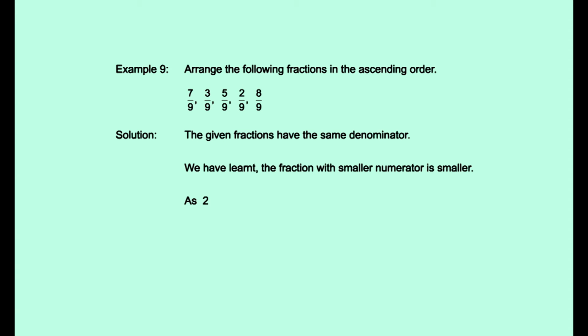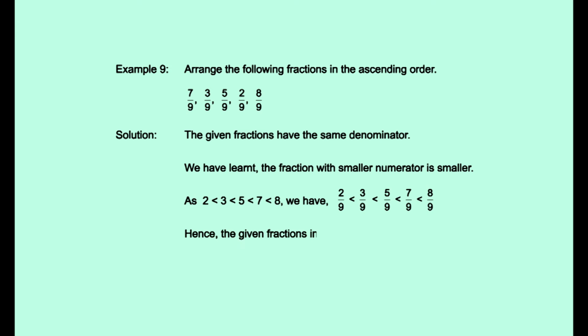As 2 is less than 3, is less than 5, is less than 7 and is less than 8, we have 2/9 is less than 3/9 is less than 5/9 is less than 7/9 is less than 8/9. Hence, the given fractions in the ascending order are 2/9, 3/9, 5/9, 7/9, 8/9.